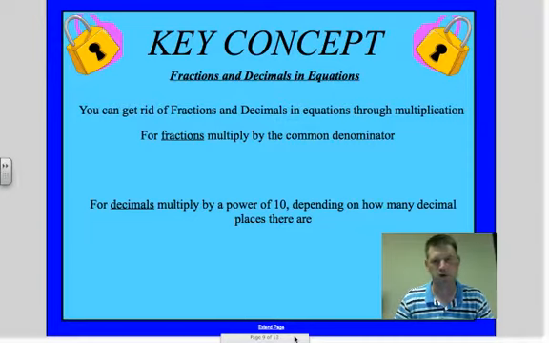You can get rid of fractions and decimals in equations through multiplication. For fractions, multiply by the common denominator. Sometimes they're different. If they're the same, just multiply by that denominator.